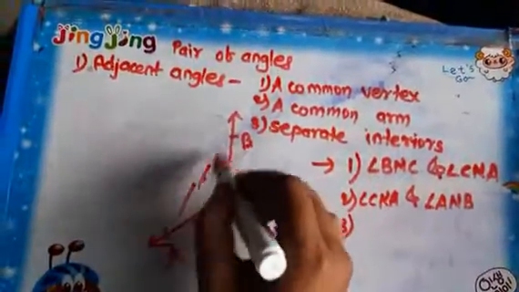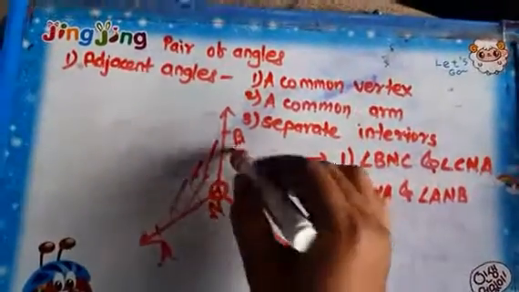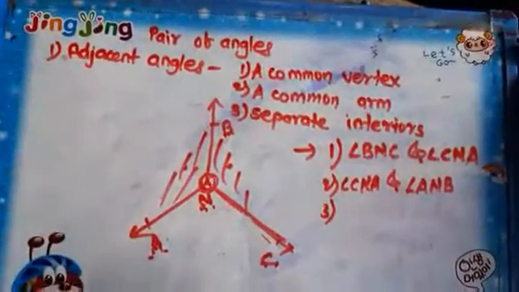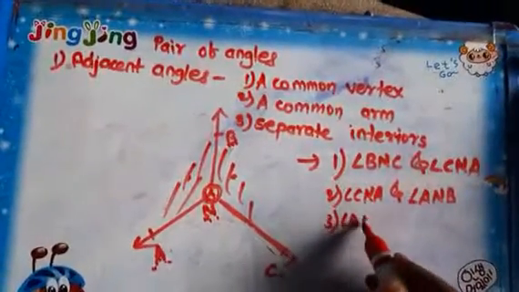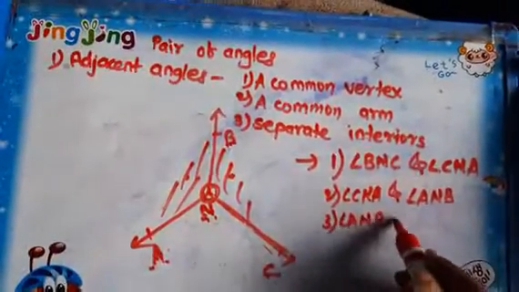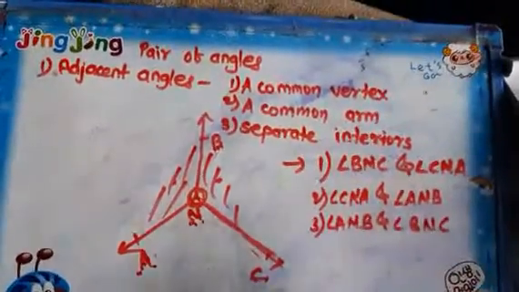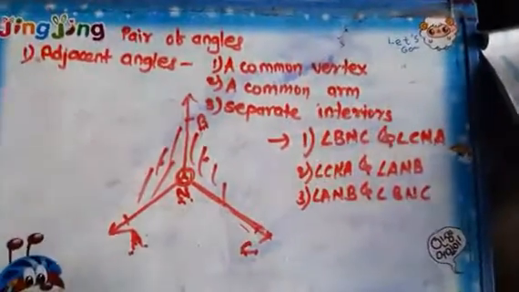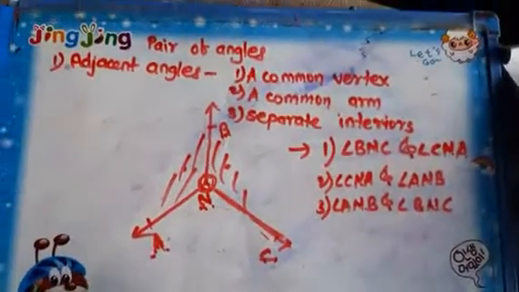Separate interiors: this angle is having this interior and this angle is having this interior. So they are adjacent angles, angle ANB and angle BNC. So for this diagram we got in total 3 adjacent angle pairs.